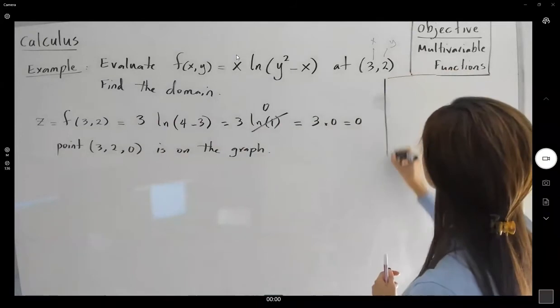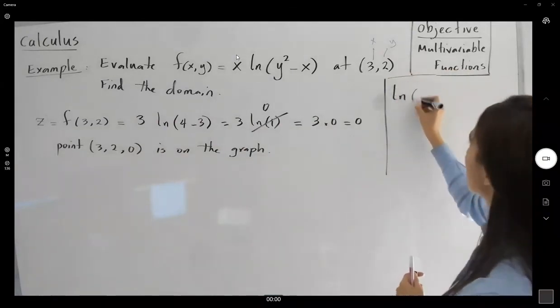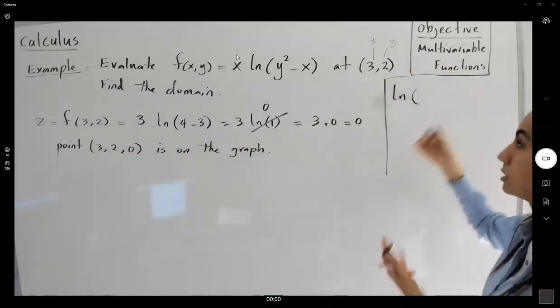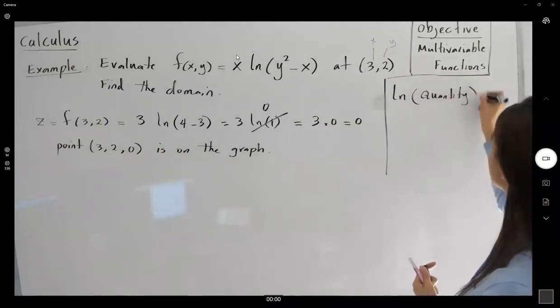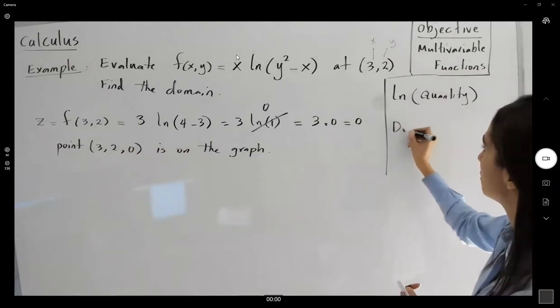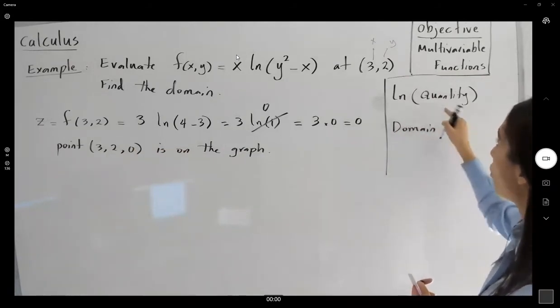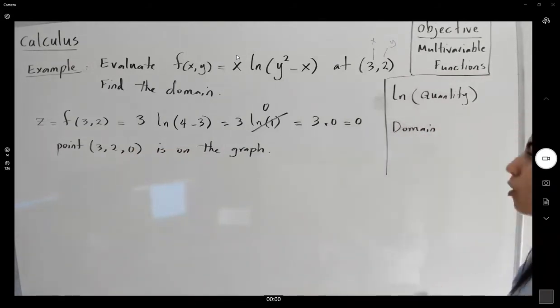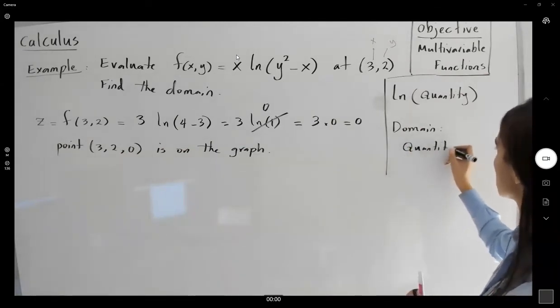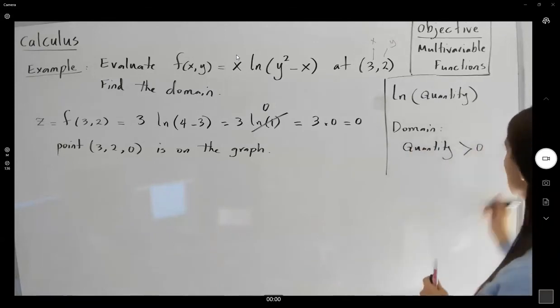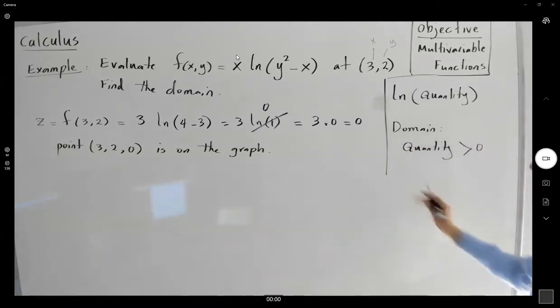Very well. Remember that if you have ln of a quantity, whatever it is, to find the domain, that quantity must always be positive. This is what we learned from algebra, elementary calculus.